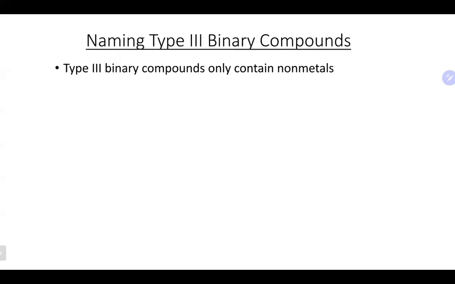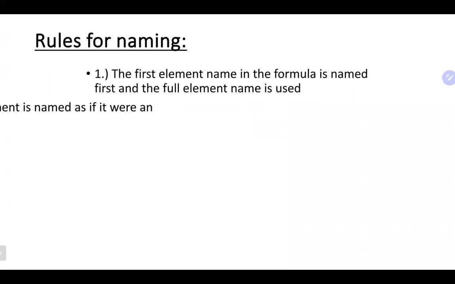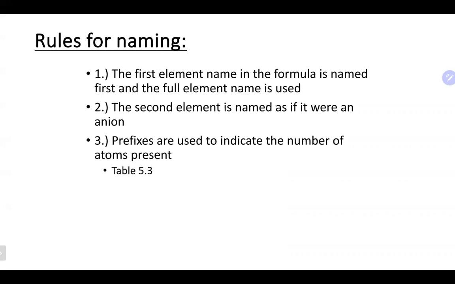Type 3 compounds are guys that only contain nonmetals. So these are sharing of electrons. And type 3 guys are really the easiest to name, but they are also the ones that people screw up the most because they want to do all kinds of things they shouldn't do.